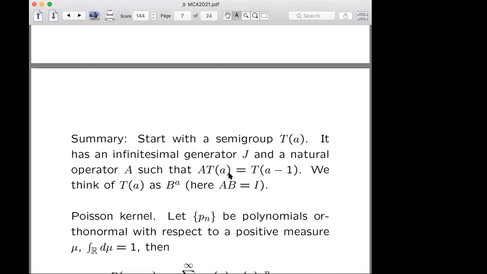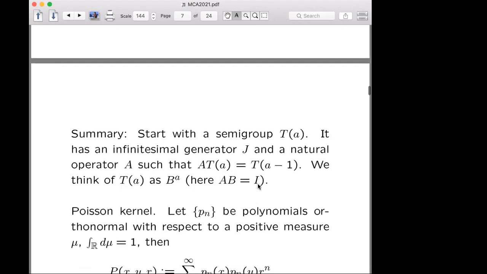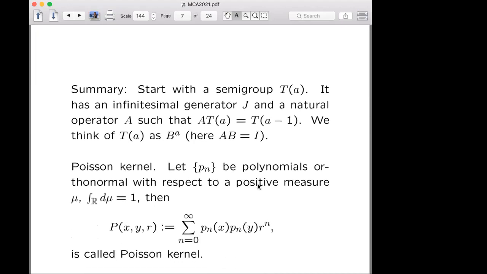So if this happens, then you know that this T is like a fractional power of A inverse rather, of one-sided inverse. So that's what this is. It's like a fractional power of one-sided inverse of this operator. Okay, so this is in general something desirable to do.